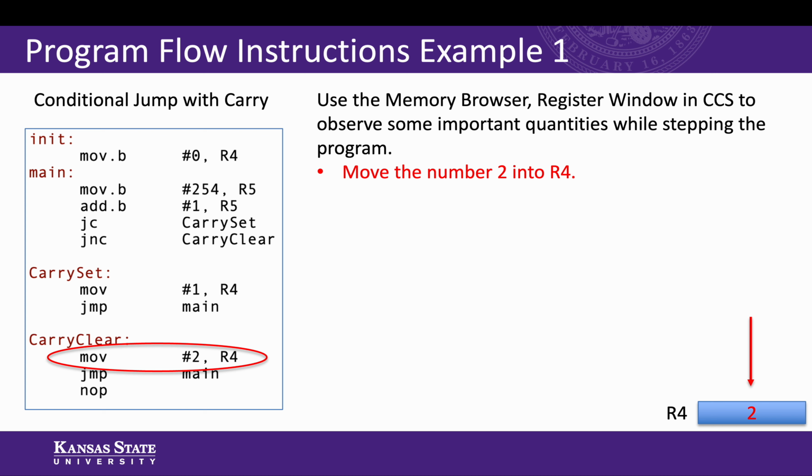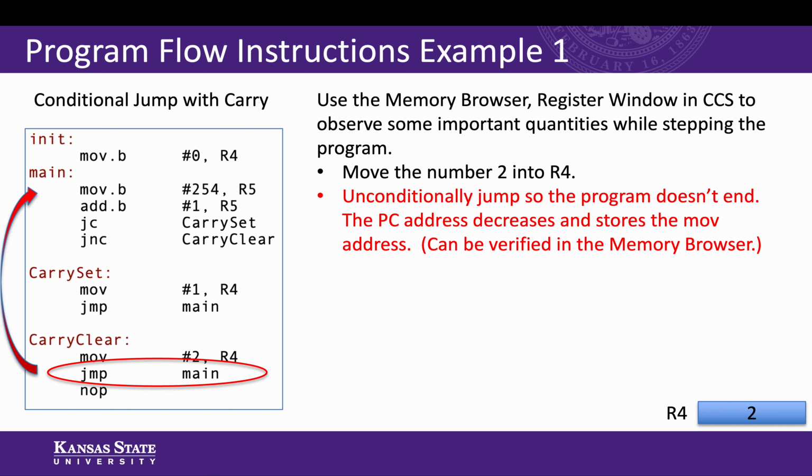The move instruction in carry clear moves the number 2 into R4 now. That indicates that we are in fact in the carry clear block or routine. The next instruction, as the program counter keeps marching right along, is an unconditional jump back to main. That will in fact happen, because we don't want the program to end.